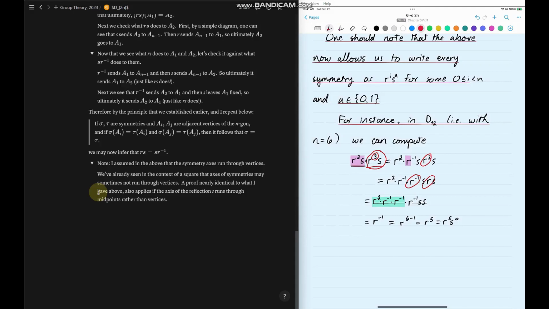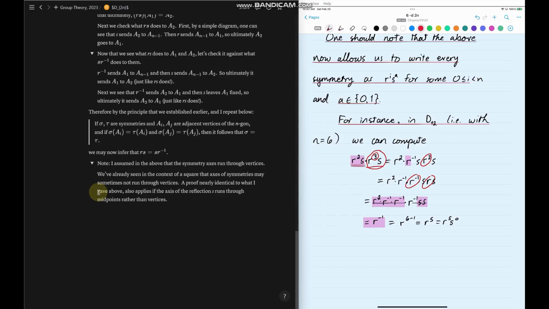Then do it one more time. And you can see that here, by the time I've put the two S's together, they cancel with each other because we know that any reflection times itself is the identity. So we might as well cancel them out. Here I have two inverses and R squared, so I might as well cancel them out as well. And what I'm left with is R inverse.